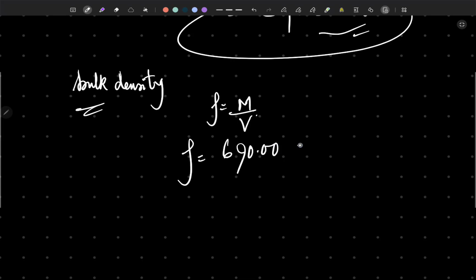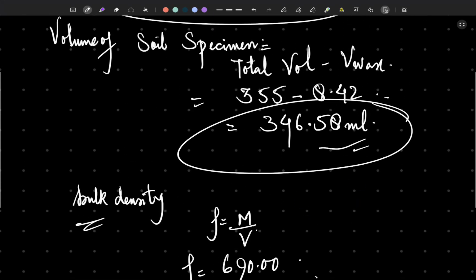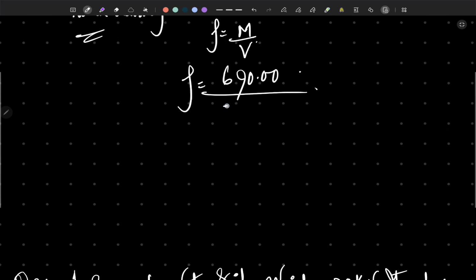That is very important. Don't ever use it with wax, as that won't give us the correct representative values. Volume of the soil specimen is 346.58. Bulk density is 1.99 grams per milliliter.